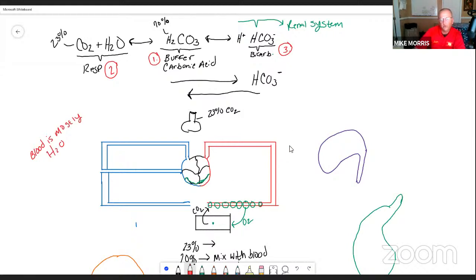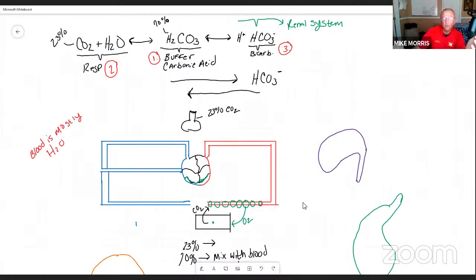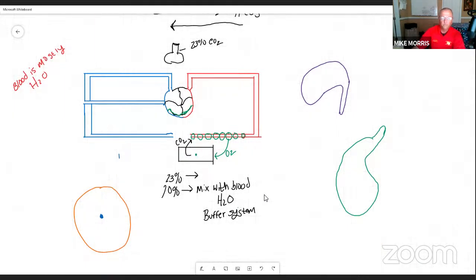So let's start putting it together a little bit further. And this is stuff that you guys know, right? This is stuff you guys know. Just got to remember it. All right, so we have the chemoreceptors, right?